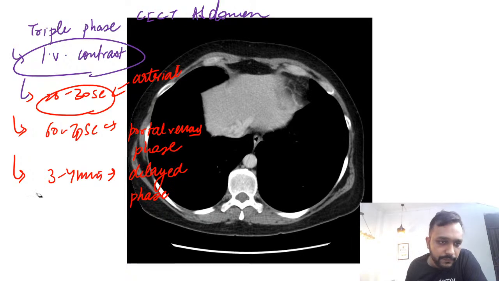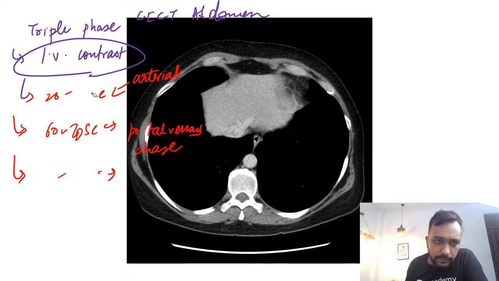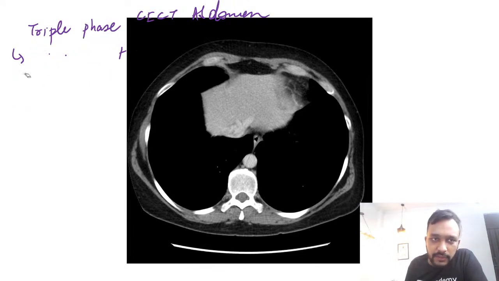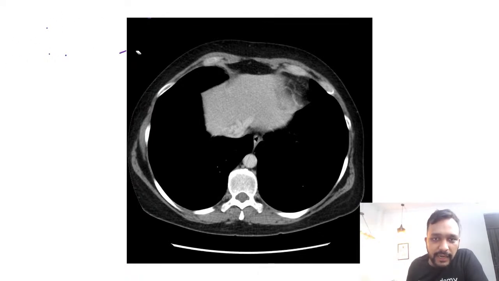All right. So guys, these are the various phases that we acquire in a triple phase CECT abdomen. So now guys, let us have a look at the normal CT anatomy of the abdomen.